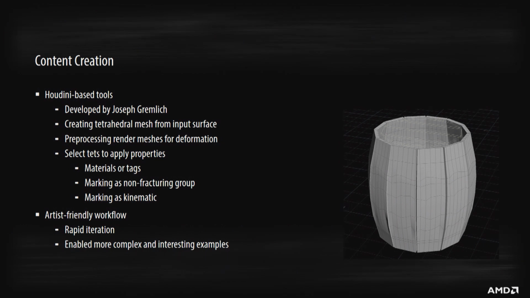The idea behind investing time in this tool was to have something artist-friendly that lets you iterate rapidly and create more complex and interesting examples. And I agree, because the original tools were all command line tools, which were fine when I was playing around with a couple of test models, but not good for more interesting, cool looking things.